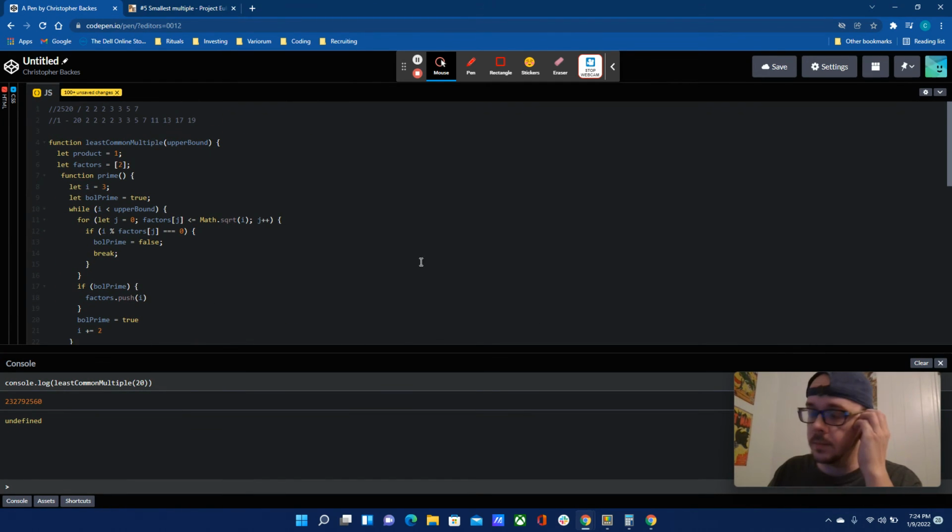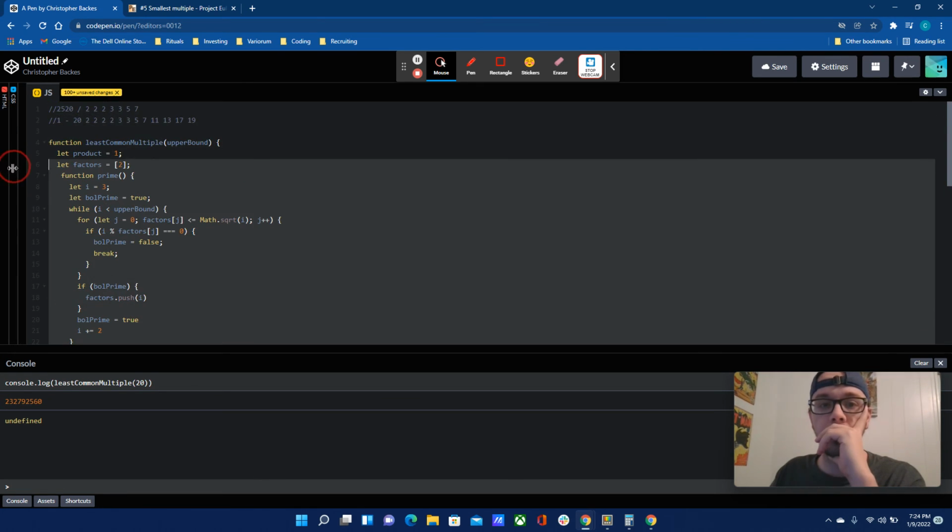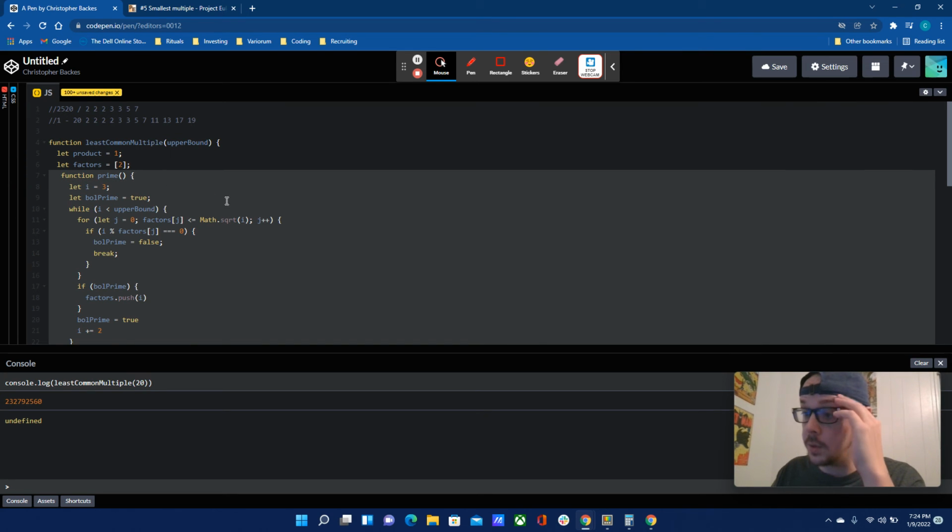Okay, so let's just kind of go over what we did again. We have three main components to this. We got to find prime numbers that are in between 1 and the top limit. If we were doing this differently, where 1 wasn't the bottom limit, we'd have to set this up differently.